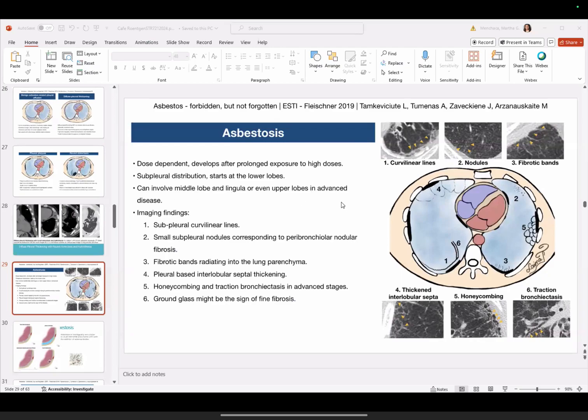What follow-up imaging should be recommended for pneumoconiosis? I would suggest initially a baseline, and then obviously you would want to treat the patient to reduce the risk of progression, infection, etc. You could do it on an annual basis to begin with to see how they're progressing.